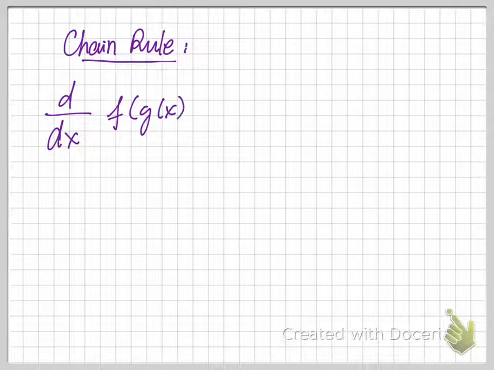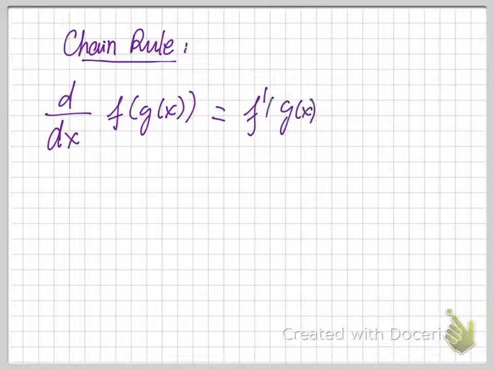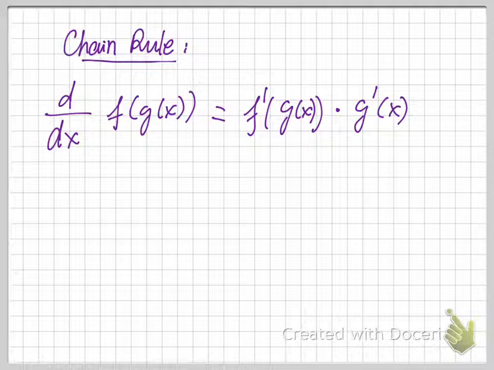So what is the chain rule? The chain rule helps you find the derivative of the composite function f of g of x, and it is determined by the derivative of the function f in terms of g of x multiplied by the derivative of g in terms of x.